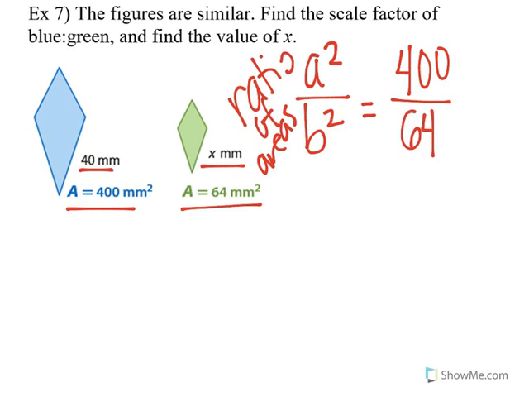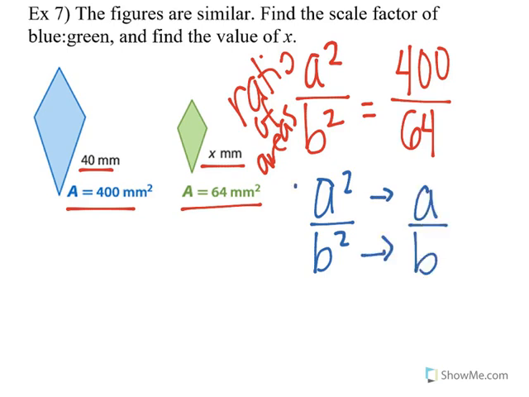But I want the scale factor. I want to take A squared and B squared, and I want to get A and B. So how do I do that? I'm just going to take the square root of each one.